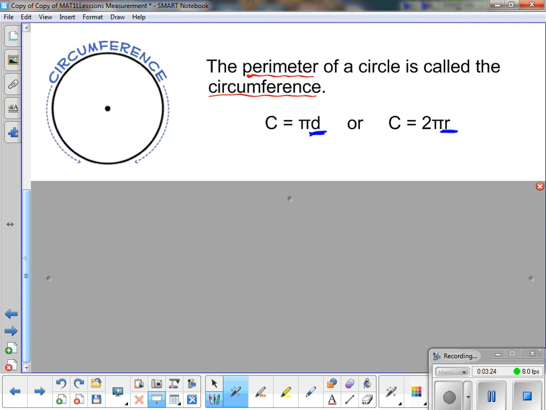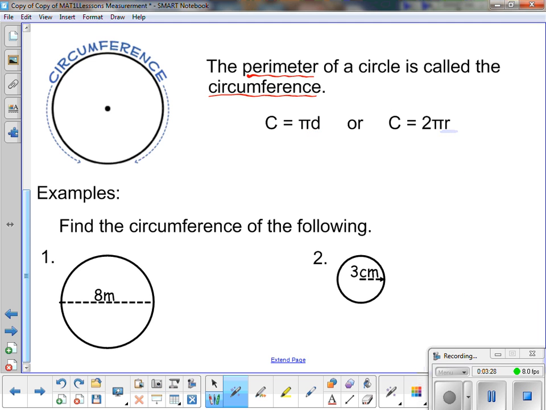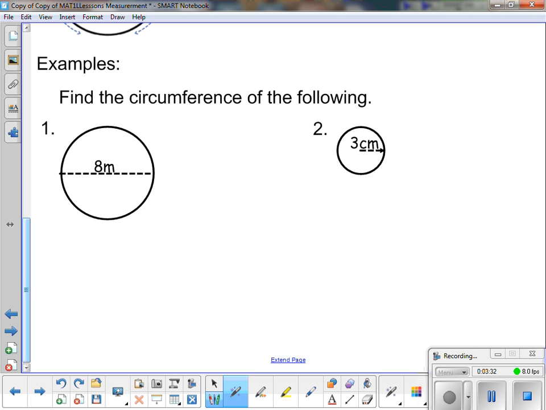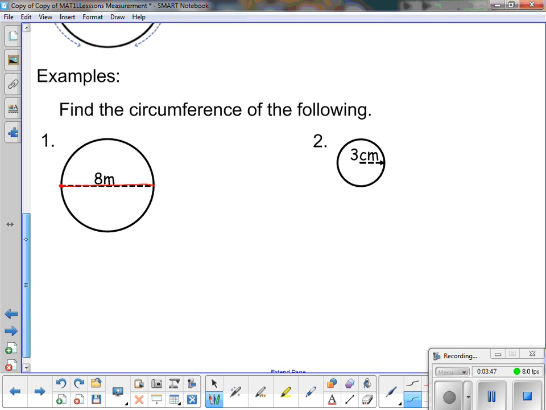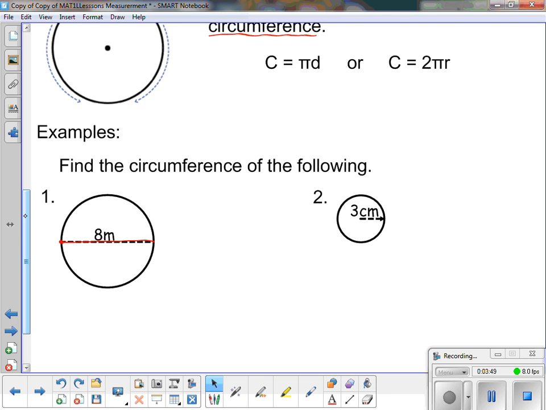So let's look at two examples here. The first example is find the circumference of the following. The first one is a circle, and they have given us the measurement 8, which, if you notice, is all the way across, which means they gave me the diameter. So I can go back and look at the formula that I want.